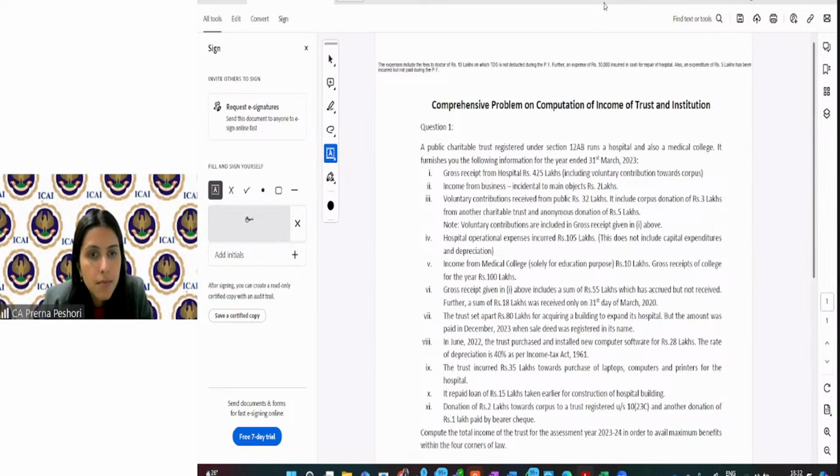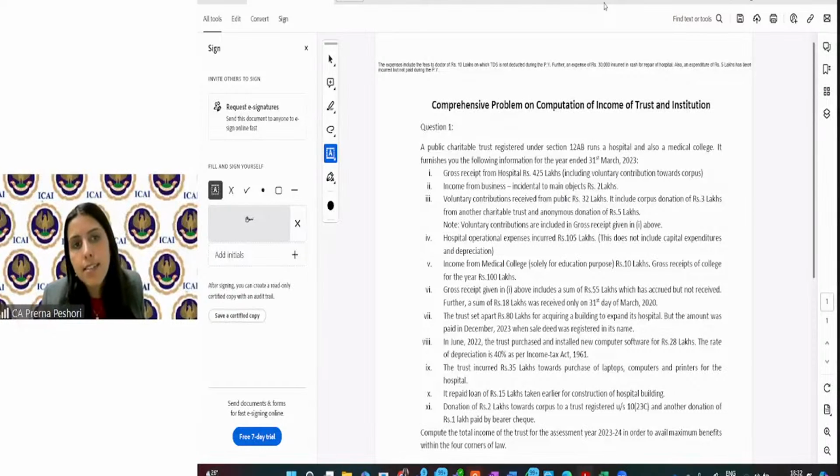Income from medical college solely for educational purpose, whether we will consider this or not. Exempt, Salish. Why exempt? Give me one reason why it should be exempt and why it should not be included.